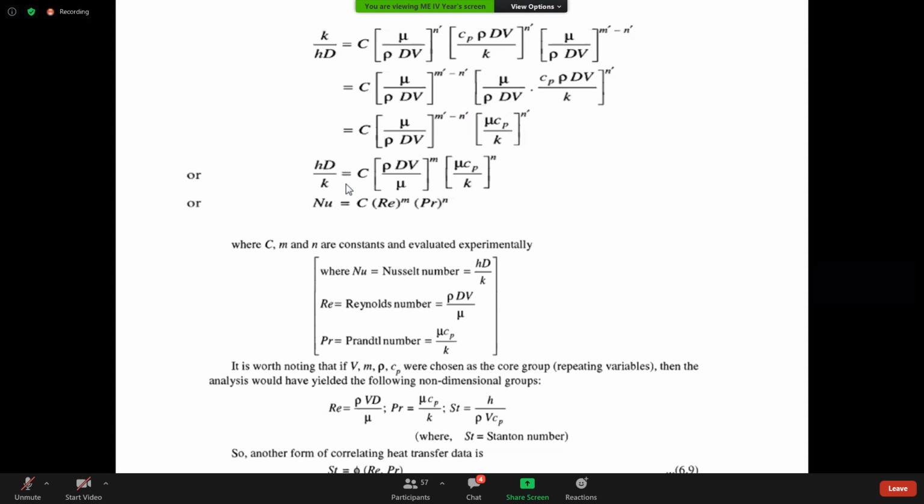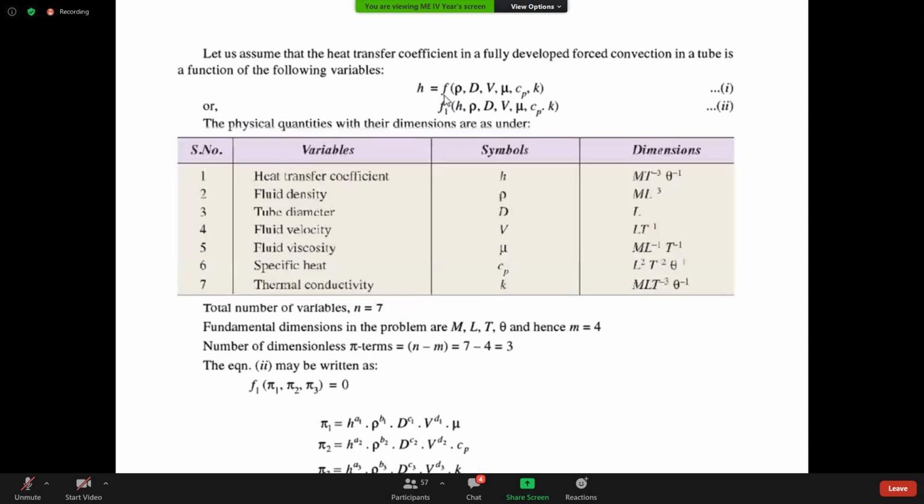Nusselt number, it means hD by k, is equal to the 3 pi theorems. You will get 3 pi theorems. h is a function of the remaining 2, he said. If you do the pi theorem, you will get some h. hD by k, hL by k, and hD by k is also the Nusselt number. That we will be knowing in the coming classes. Right.